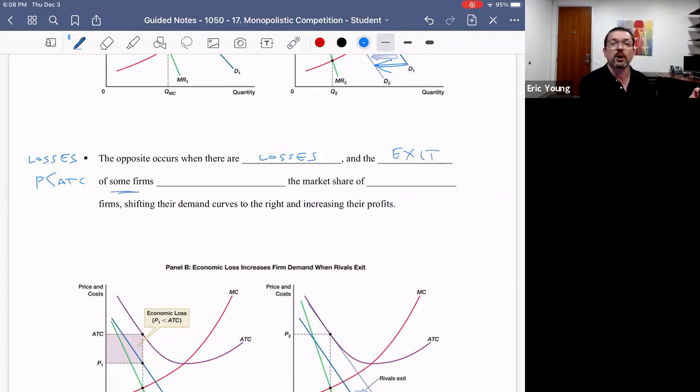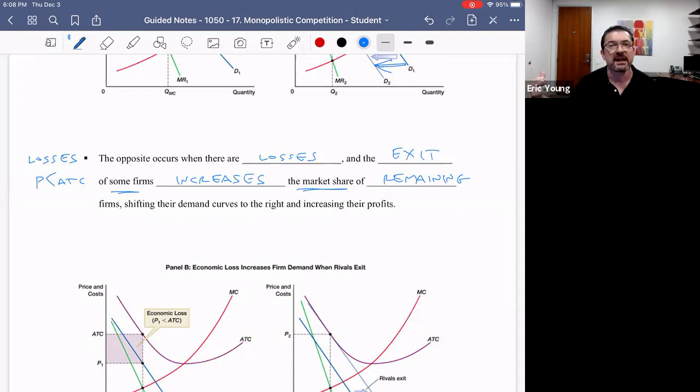So some existing firms that are losing money, they're going to leave, they're going to exit, they're going to get out of the industry. As they exit, this will lead to an increase in the market share of the firms that remain. So you have some firms that are losing, they get out of the industry.